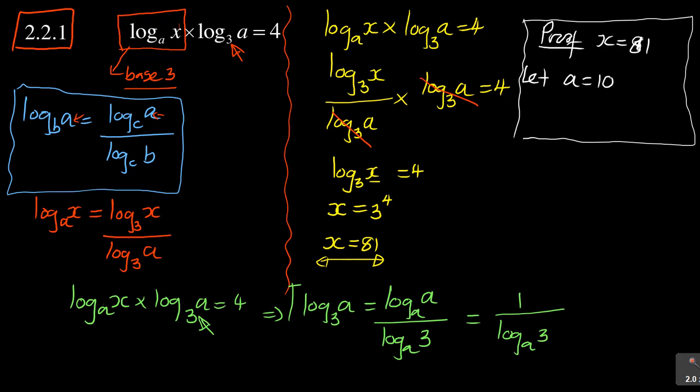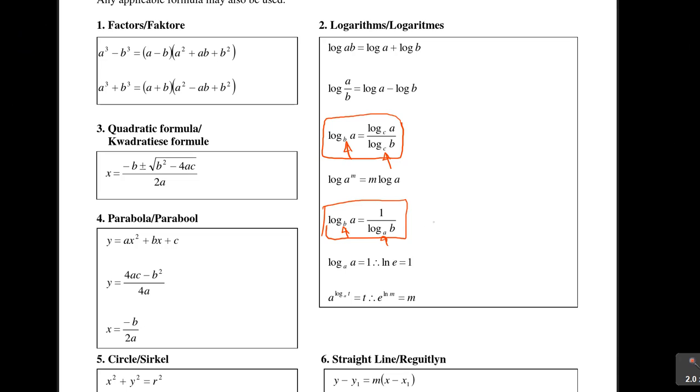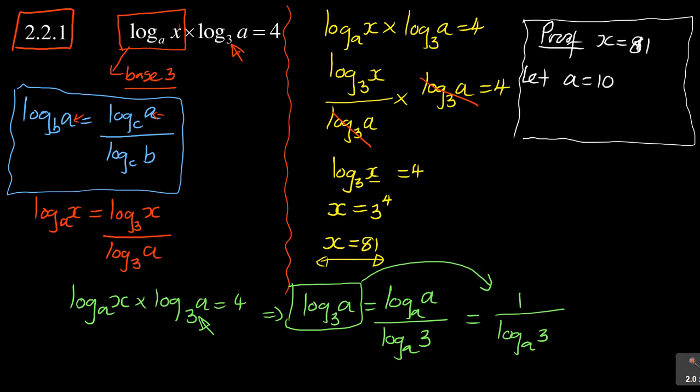Actually, this particular formula leading to that answer is the second one here, that they're showing: log base b of a. If you want to change it to log base a, then it's 1 over log base a of b. So it's log base 3 of a, and you want to change it to log base a of 3. So you are going to have that.